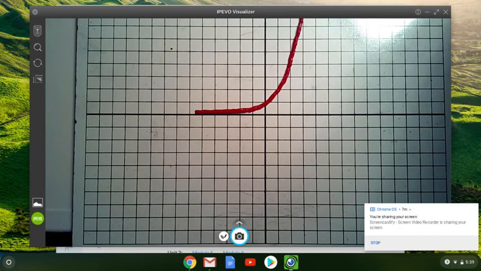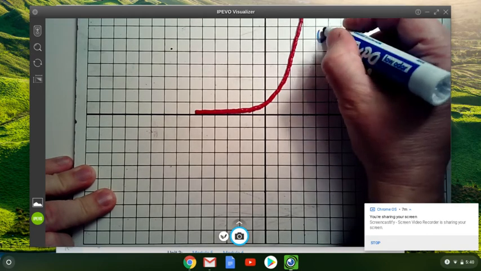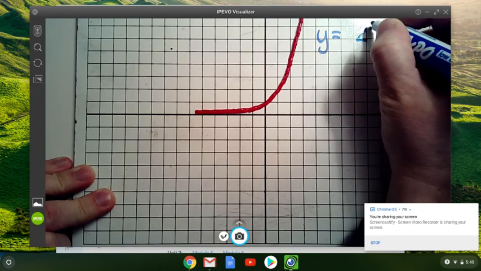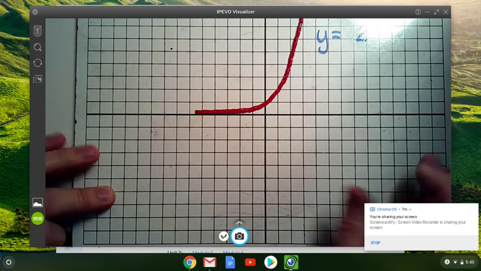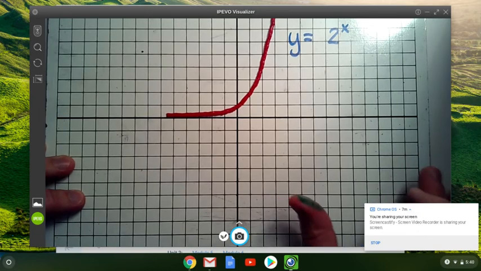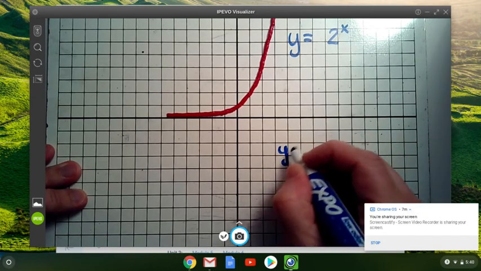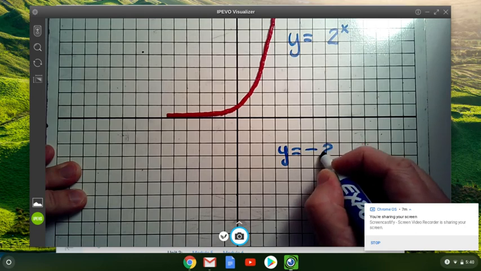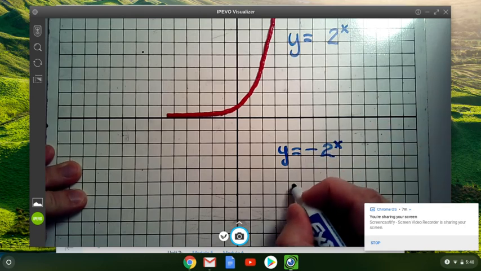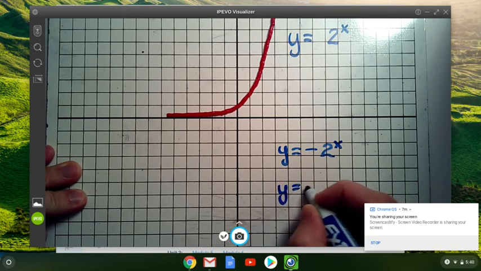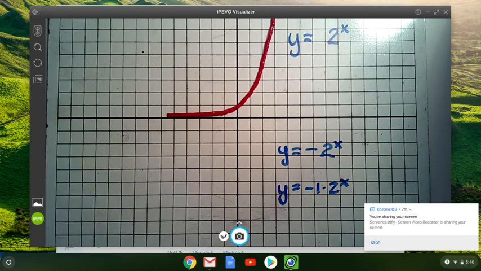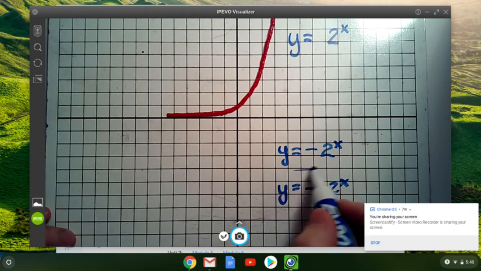Instead of being this function, y equals 2 to the x, we're going to make it y equals negative 2 to the x. Remember, it's 2 to the x times negative 1, so it's really negative 1 times 2 to the x in disguise. That makes sense, but we're going to write it this way.